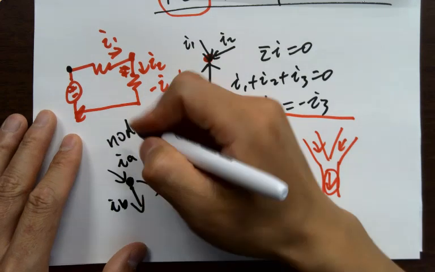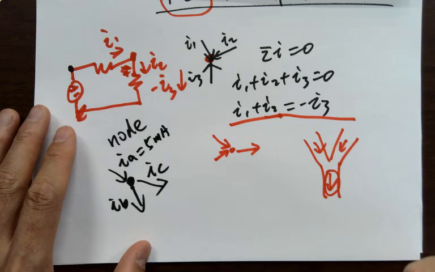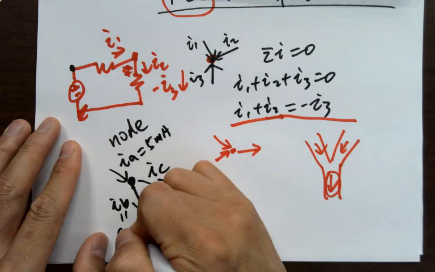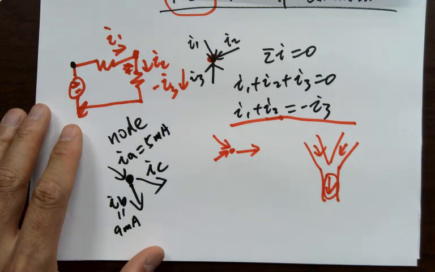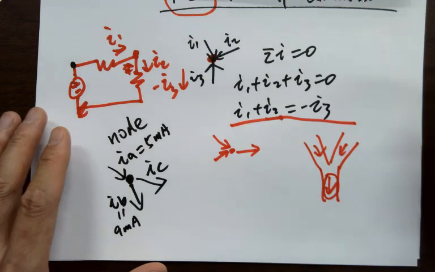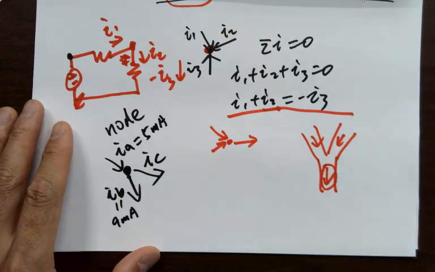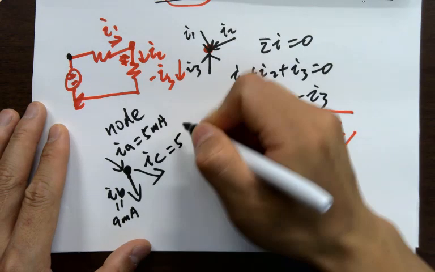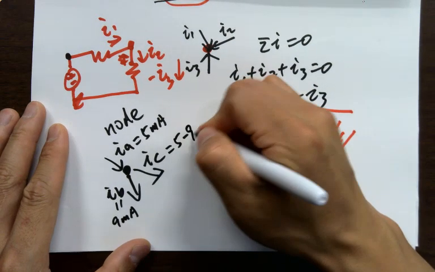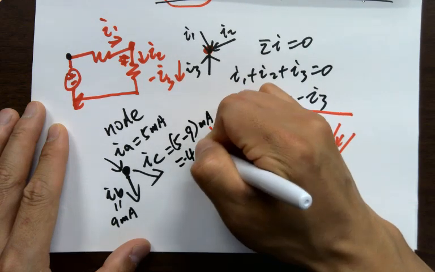If IA is 5 milliamps, IB is 9 milliamps, what is IC? Yeah, that'll be 5 minus 9 milliamps, which is negative 4 milliamps.